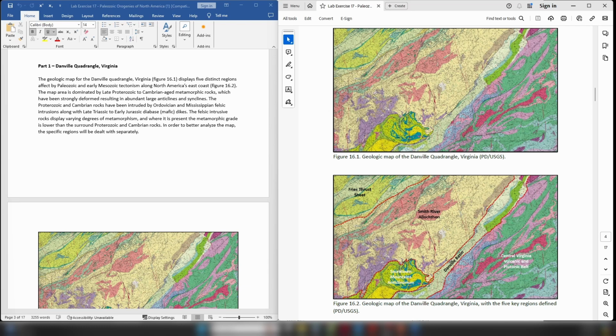So that would suggest the presence of one domain there. You can also see that we have this area up here where we have this very large anticline or syncline. This region has clearly been deformed, and it's picked out in a range of yellows and green-yellow colours. So this would suggest that this region up here, once again, is another distinct domain within our map area.